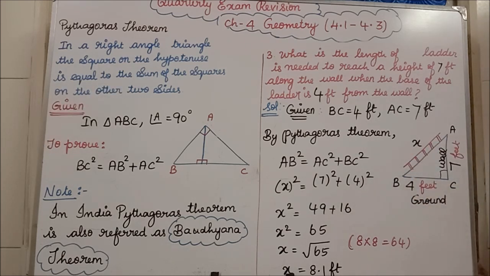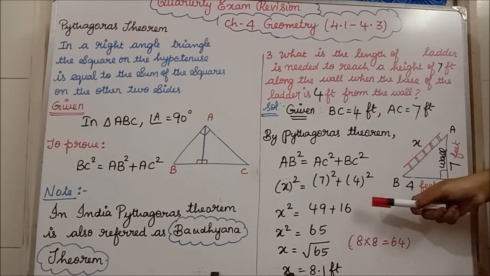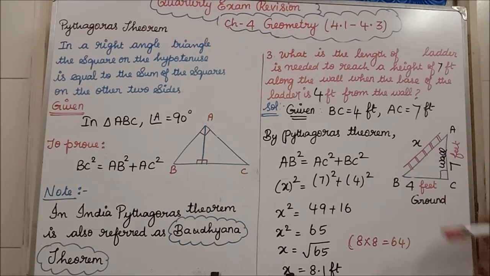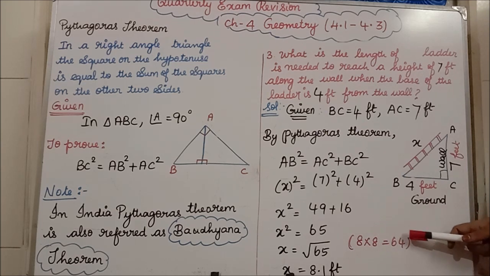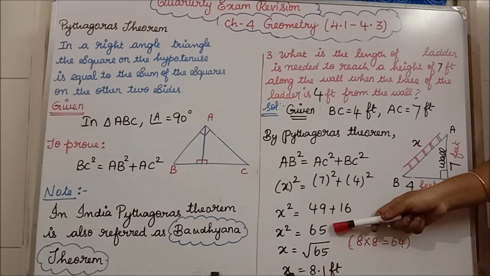7 if you square we get 49. 4 if you square you will get 16. So 49 plus 16 if you add you will get 65. Then immediately, which two numbers will you multiply to get near 65? Yes, very good. 8 eights are 64. It is near 65. Isn't it?